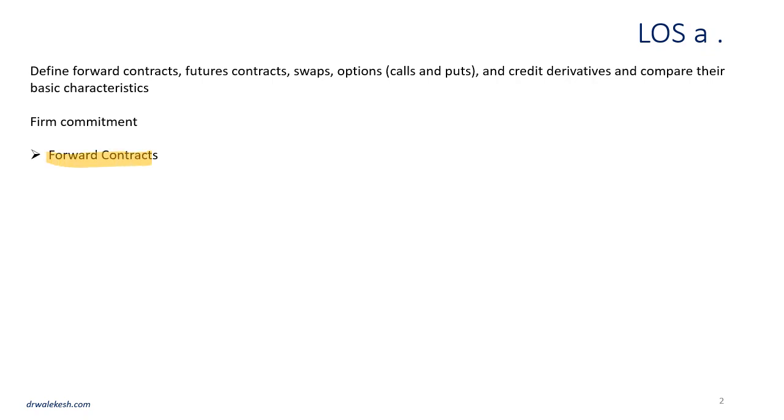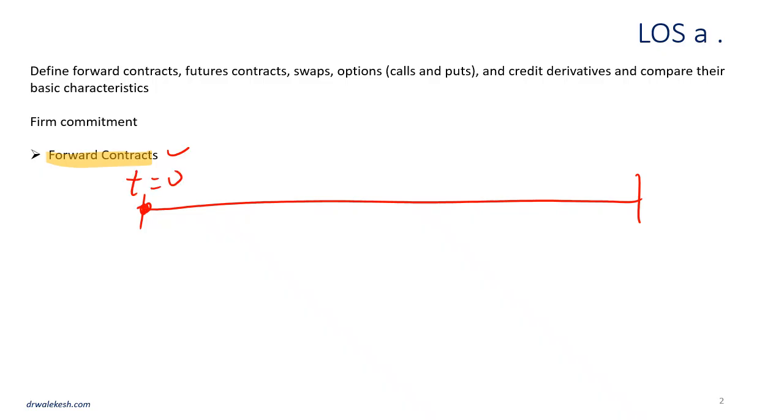Forward contracts. To better understand forward contracts, let's look at this timeline. At the initiation of the contract, we have time t equals 0.